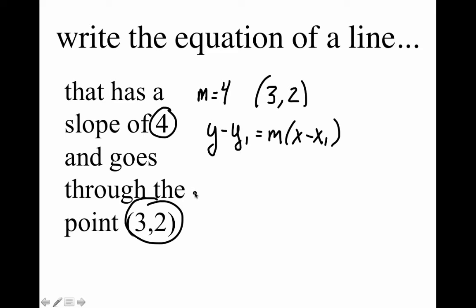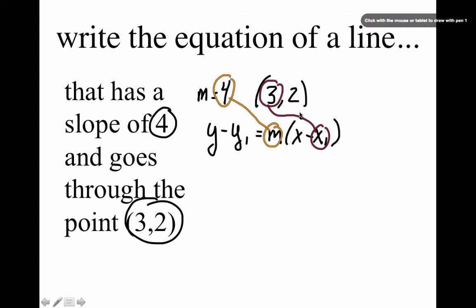If all I have to do is write the equation of a line in point slope, I just have to plug in the slope for m, and I have to put the x-coordinate here for x1, and I have to put the y-coordinate in for y1.